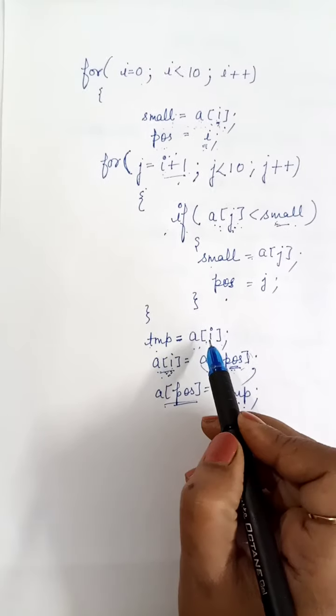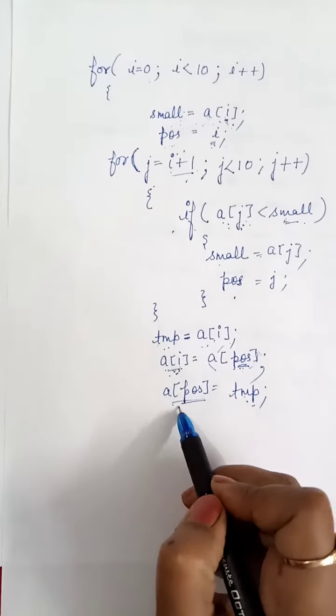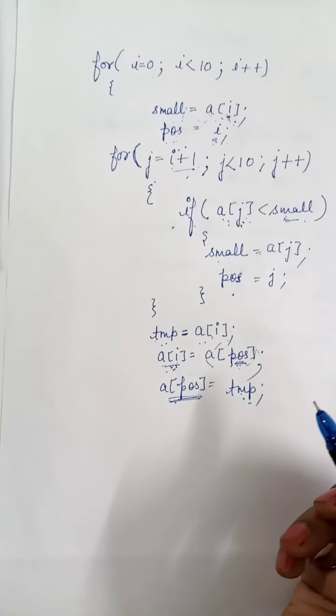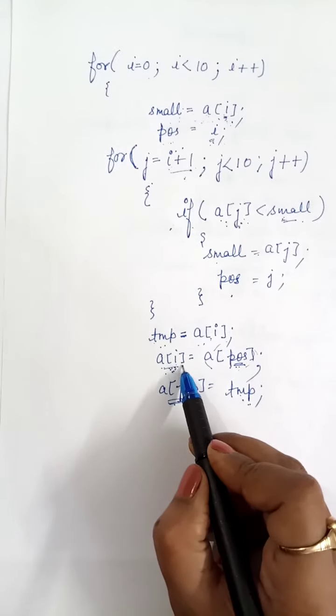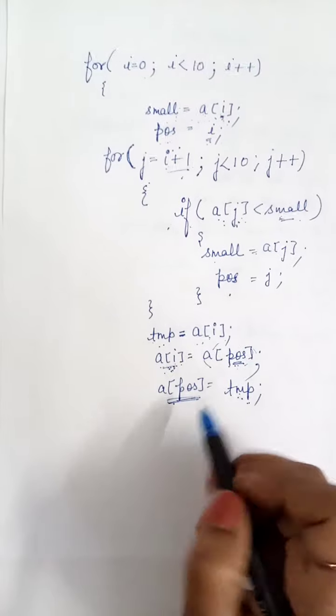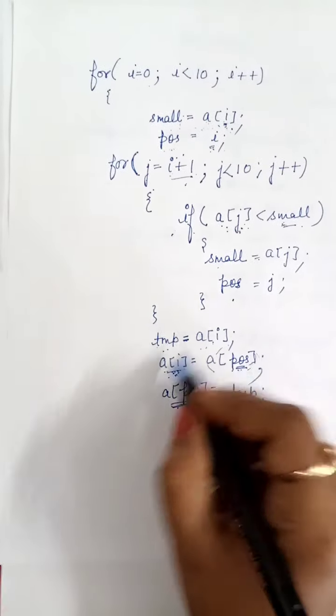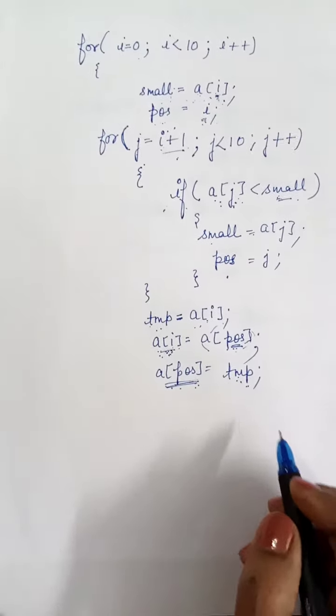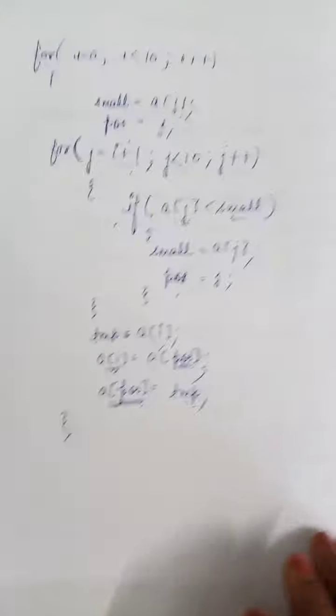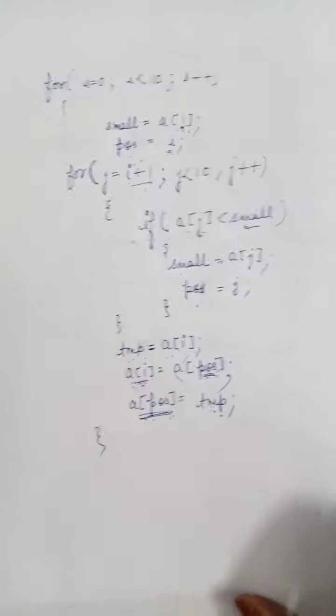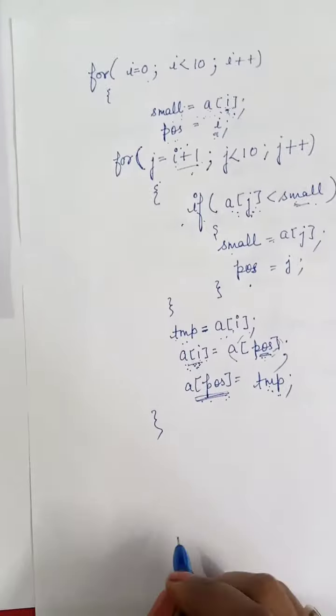A of I is in temp, so temp will be in A POS. Simply the value of A of I in temp and POS smallest within A of I. So this is the way you will be performing selection sort.